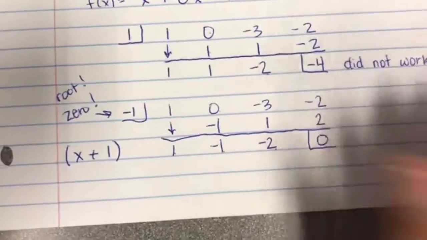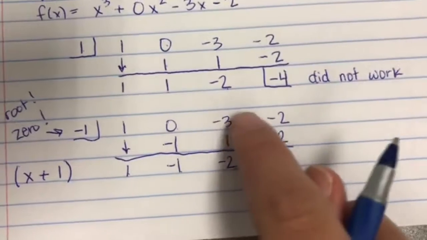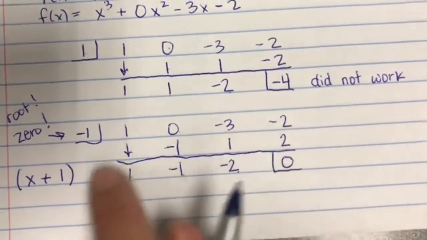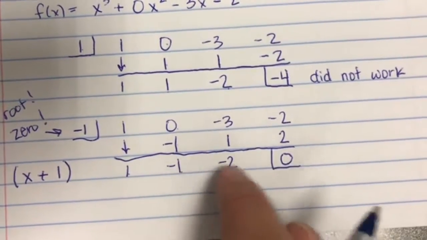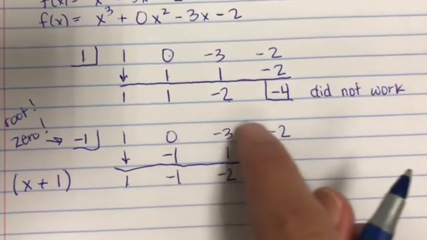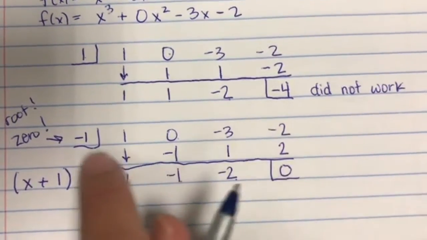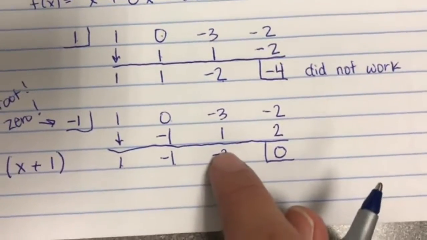Now our remainder theorem tells us this. If this was an x cubed function, and we just took out a factor x, then what's left is an x squared function. So again, we had an x cubed function, we took out an x, and now we've got an x squared function.